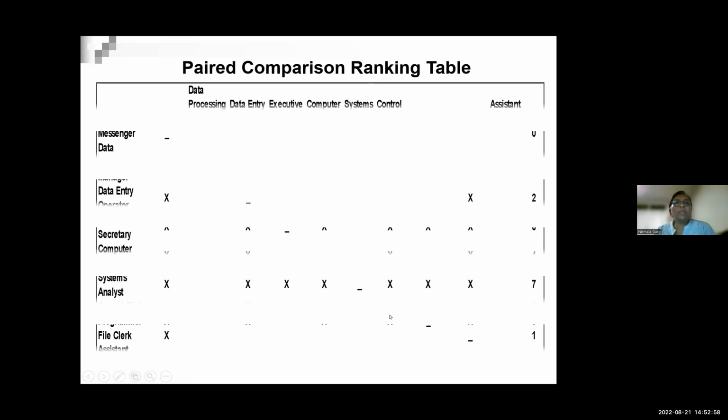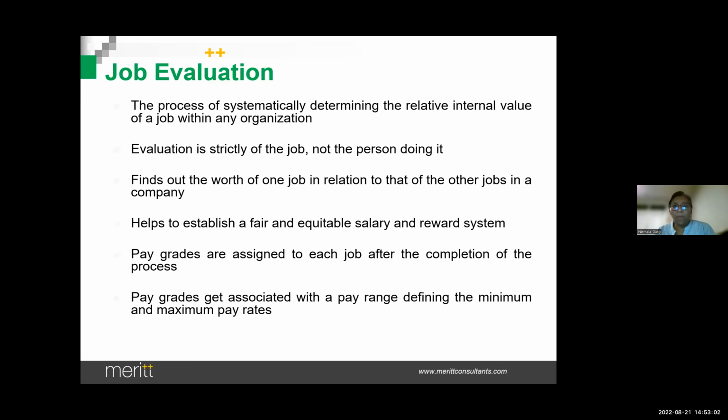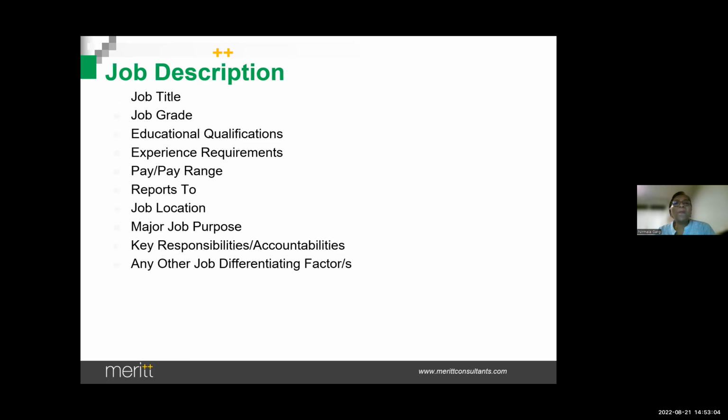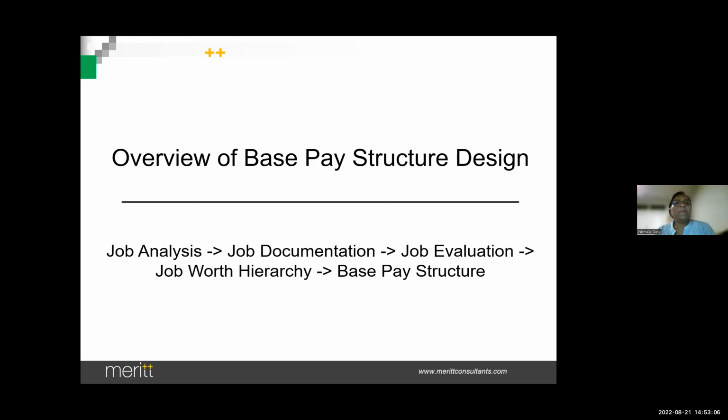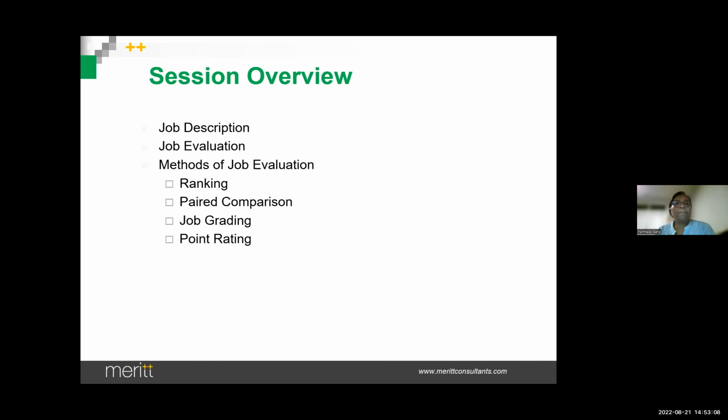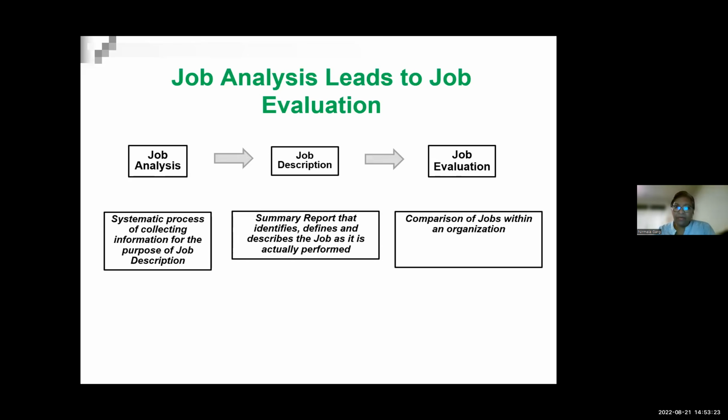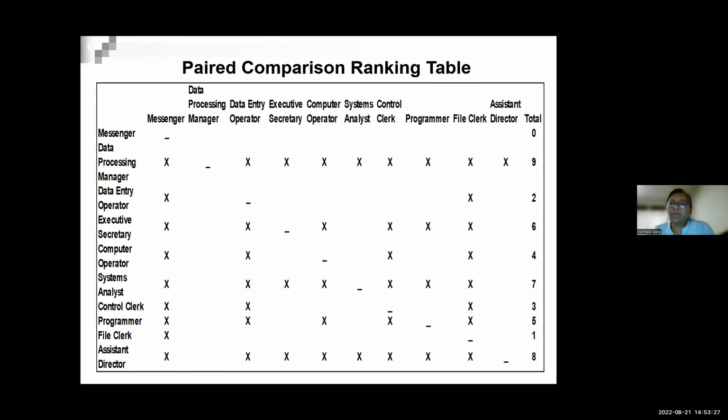So when we talk about job evaluation, let us look at the most common methods, ranking method. Now, the ranking is the most simple method wherein you are using a list of jobs, which is called pair ranking.